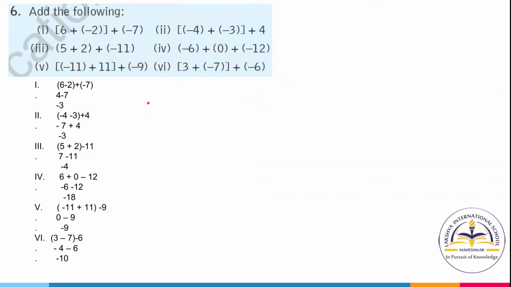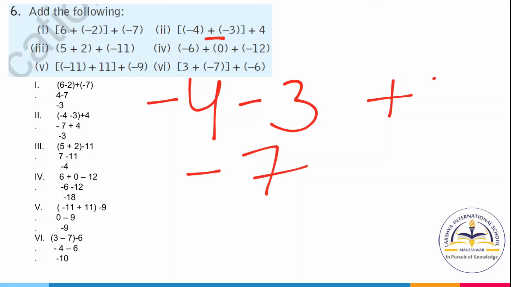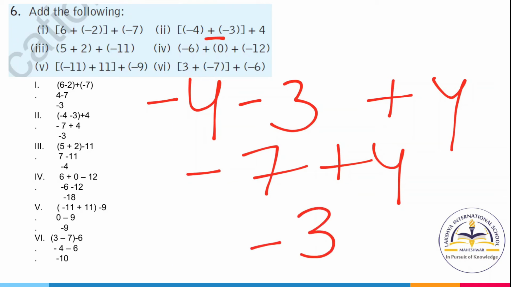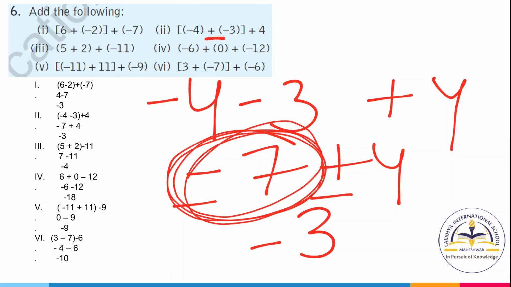Now question number 2, minus 4 plus minus 3. Now we will solve this. Minus 4 minus 3, that is minus 7. Now one more, plus 4. Minus 7 plus 4, that is minus 3. Because minus plus minus, so we subtract them, and then the greater sign will be of the minus sign.